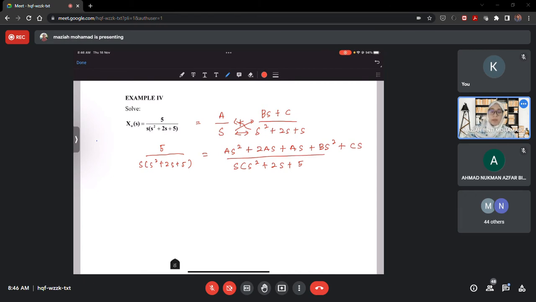So we need to compare the left side to the right side. Since the denominator is already the same, we're just going to consider the numerator.